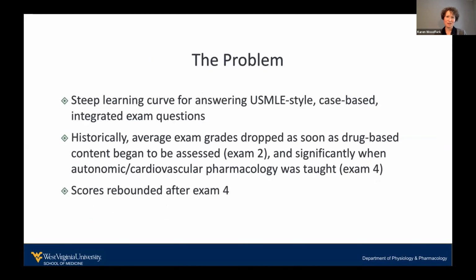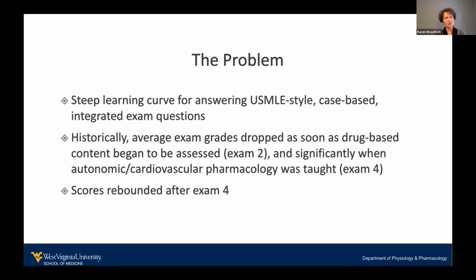Now, why did I develop the DIY Exam activity? Well, way back in 2011, when I first became course director, I noticed that there was really a steep learning curve for students as they began to try to incorporate the complexity of pharmacology information into USMLE style case-based integrated exam questions.